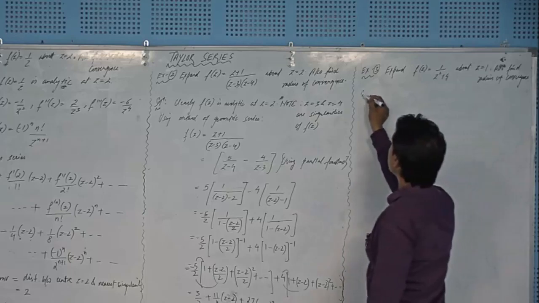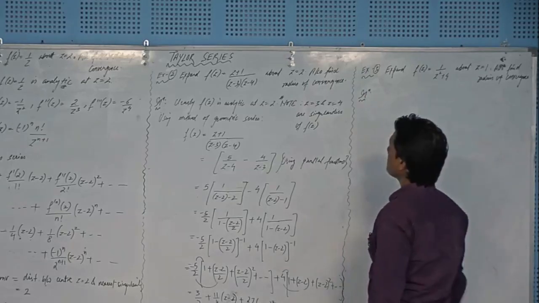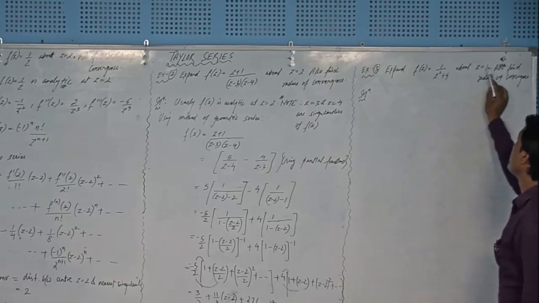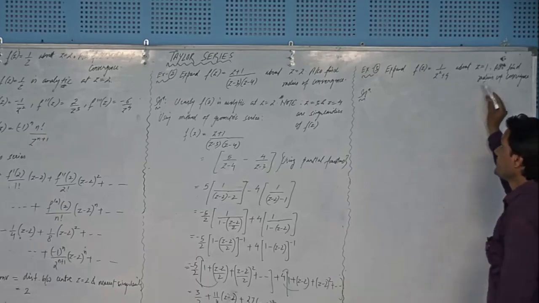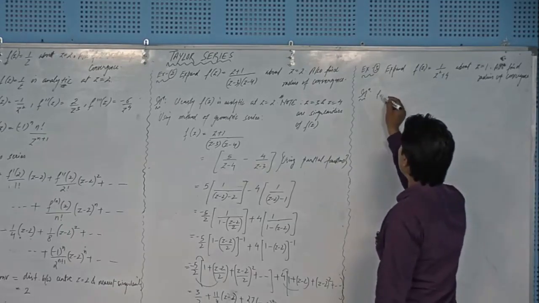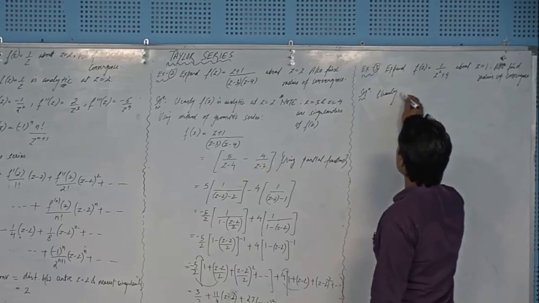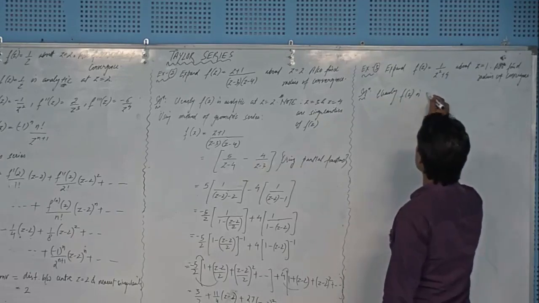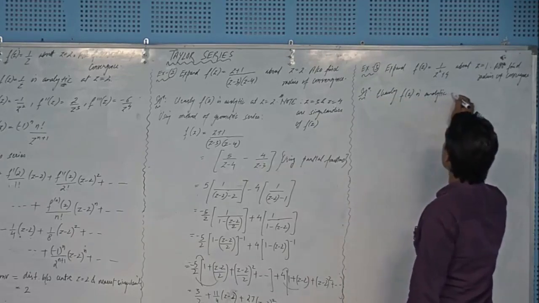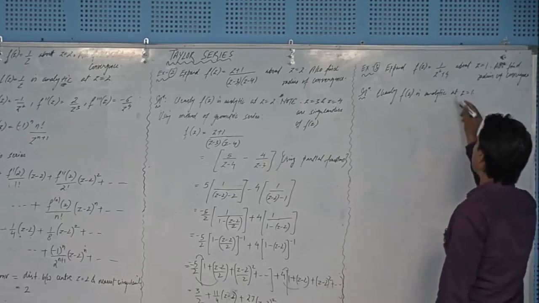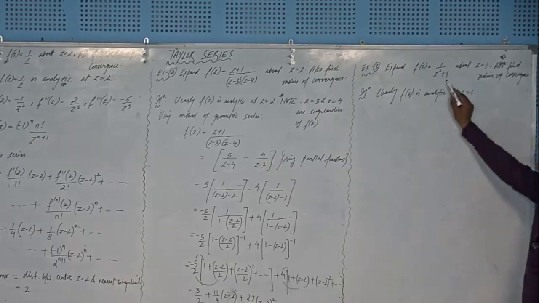The solution. The first thing is to notice that this function is analytic at this point, z equal to 1, right? Clearly, f(z) is analytic at z equal to 1, and we'll find the singularities of this function.